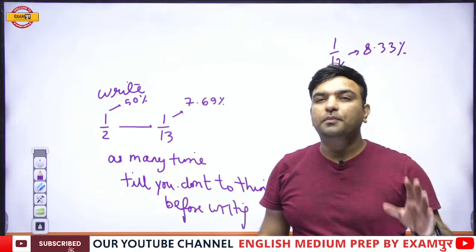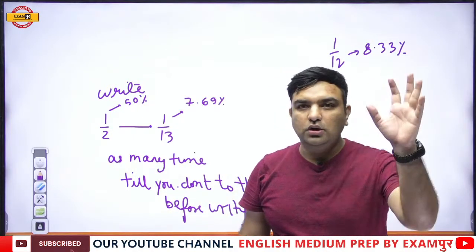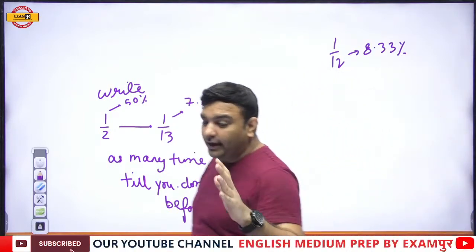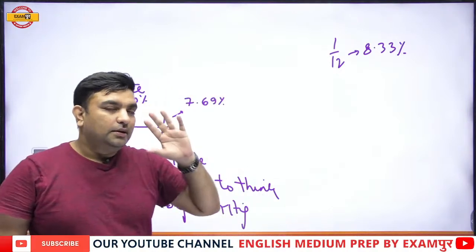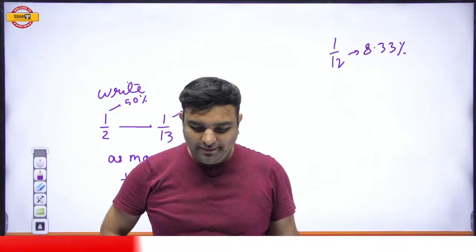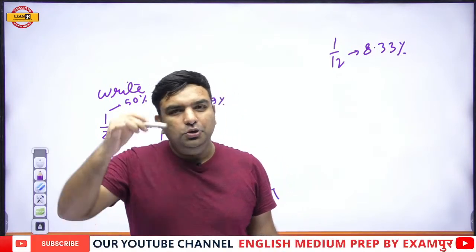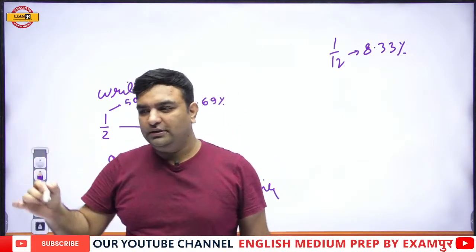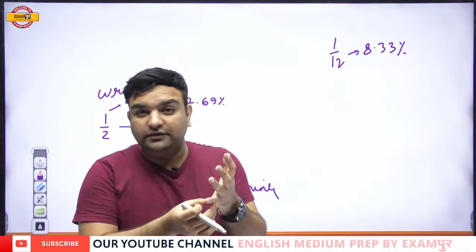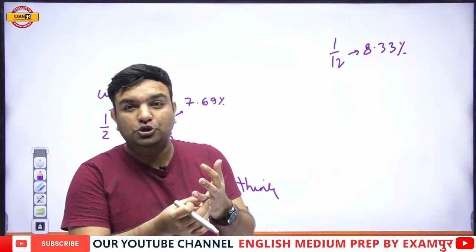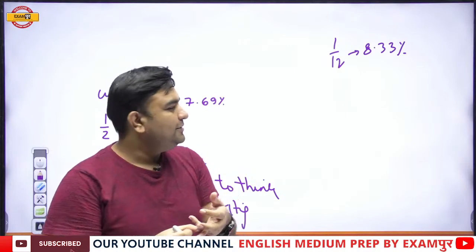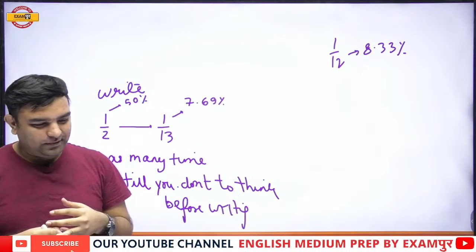If I'm thinking 1/12 was 8.33, then you have to write till that time where that thought process will become natural to your hand, where you should be writing it directly without thinking of anything. That can be 5, that can be 10, 15, 20, that can be even 100 times as well. So you have to do it that many times.